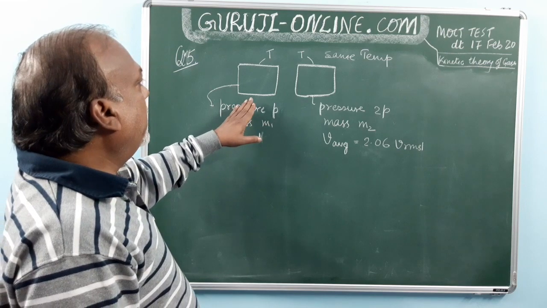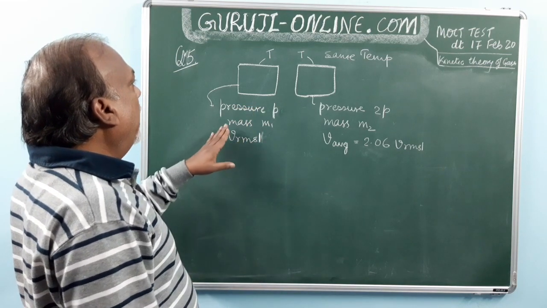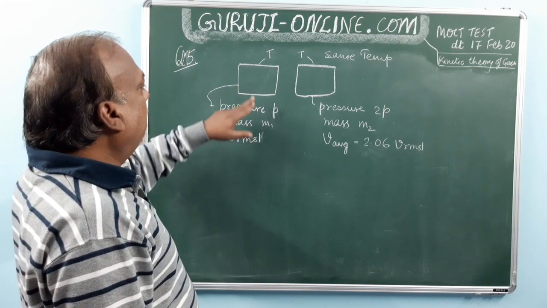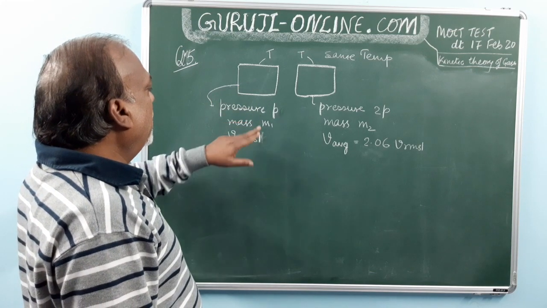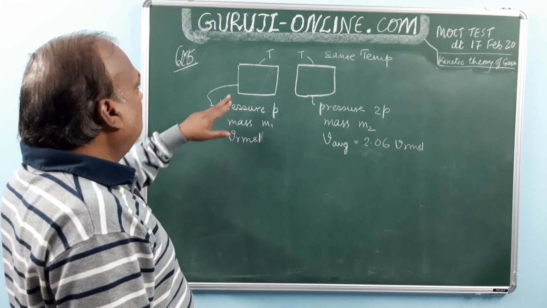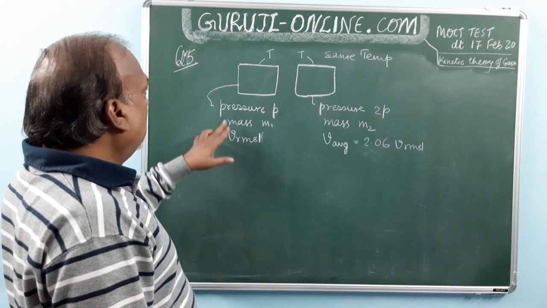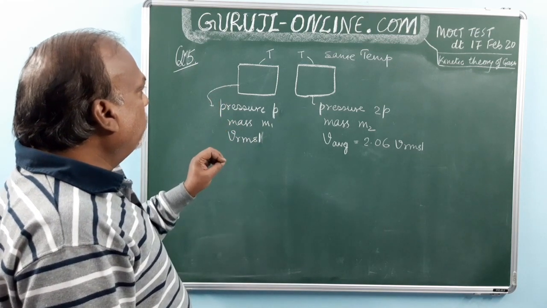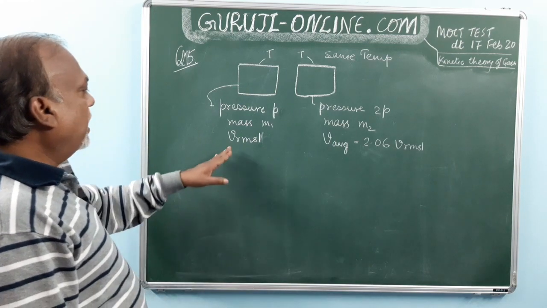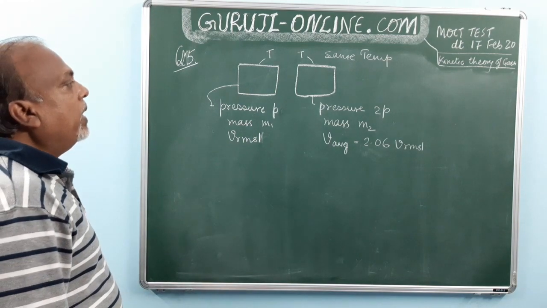We have 2 containers. In one container the gas is there with pressure P and mass M1, and the root mean square velocity of the molecules is Vrms 1.